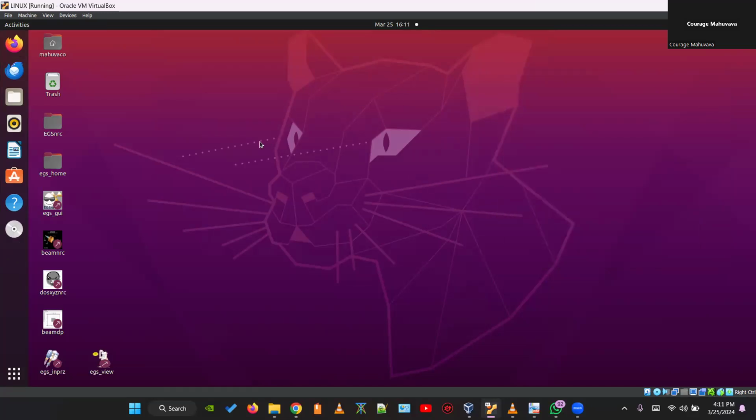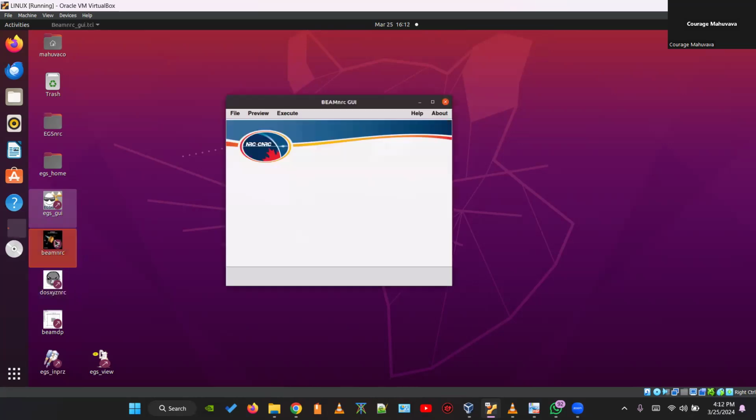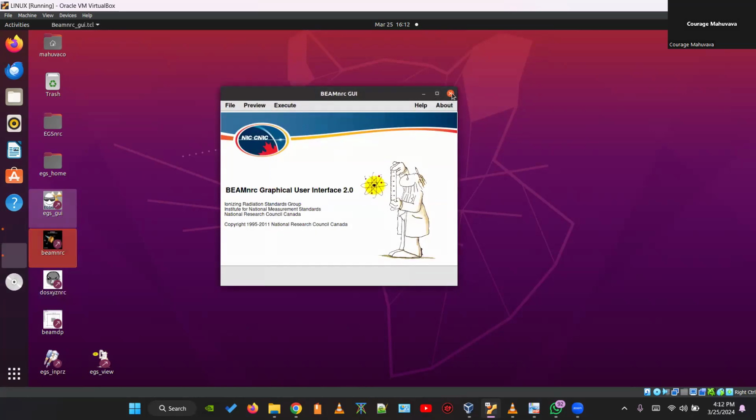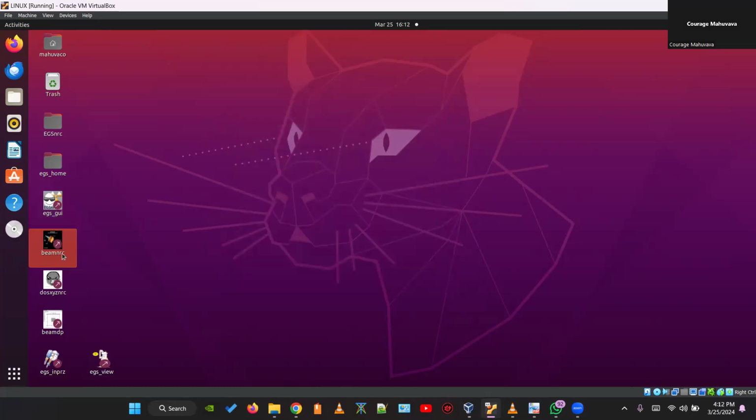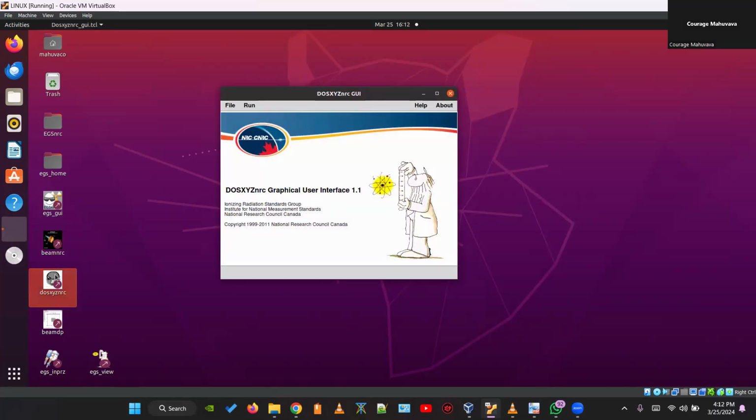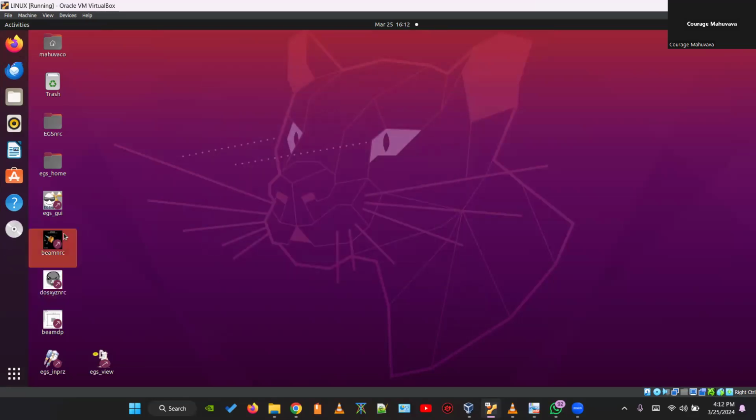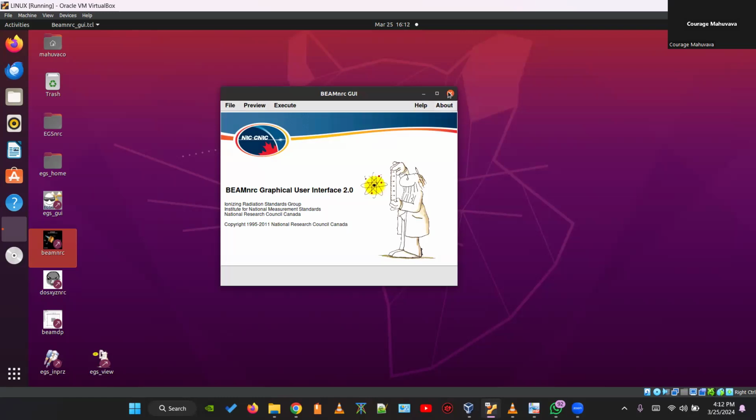So I hope most of you at least have got these icons on your desktop, so you are able to open BEAMnrc, right? Simply double click BEAMnrc. You should be able to open DOSXYZnrc, which is the dose calculation. BEAMnrc is for modeling the treatment head or the radiation unit, like the linear accelerator.